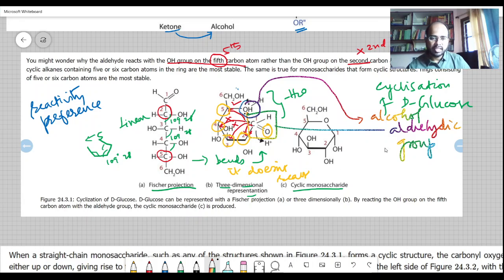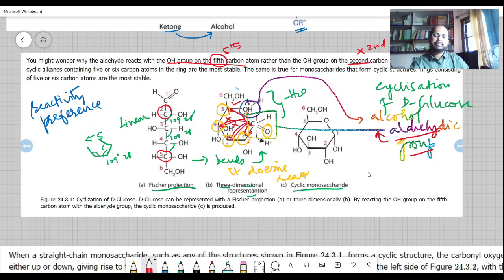We started the slide by telling that an aldehyde group reacts with an alcoholic group, right? We just said that carbon one doesn't react with 2, doesn't react with 3, doesn't react with 4, but it reacts with 5.